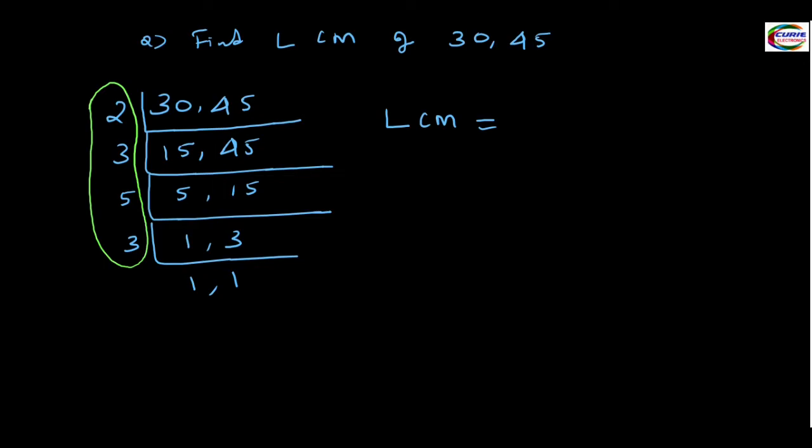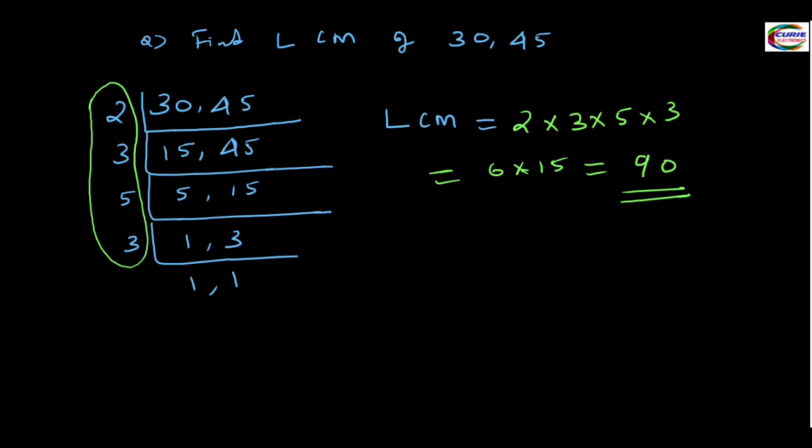So LCM equals 2 multiplied by 2 multiplied by 3 multiplied by 5 multiplied by 3. 2 threes are 6, 6 multiplied by 5 is 30, 30 multiplied by 3 is 90. So 90 is the LCM. This is how you'll find the LCM.